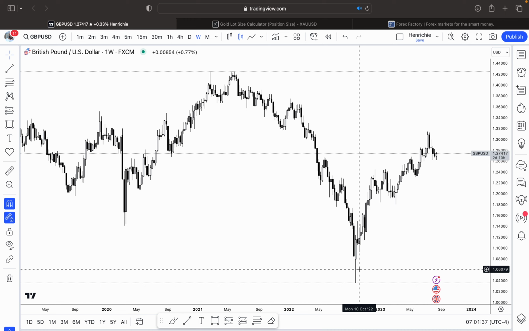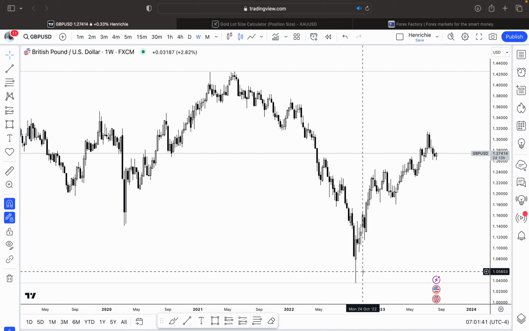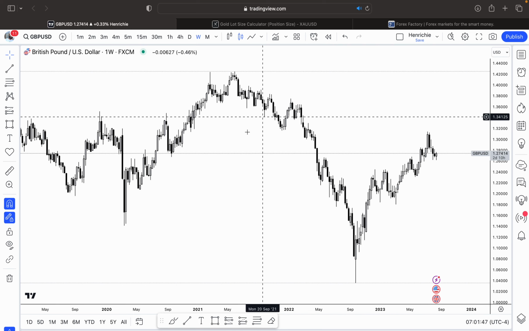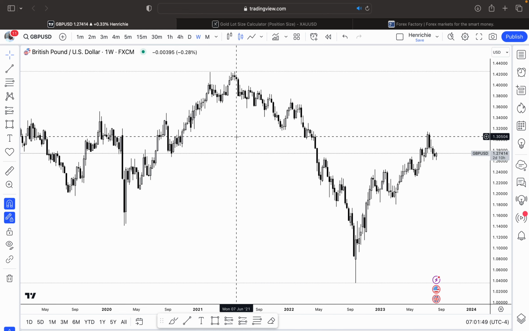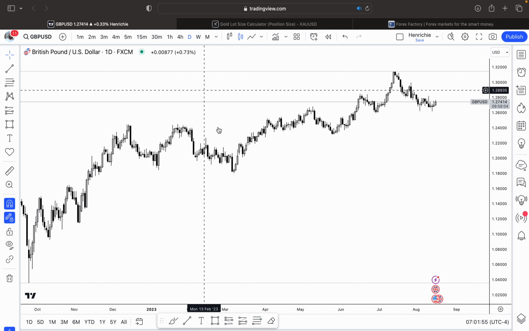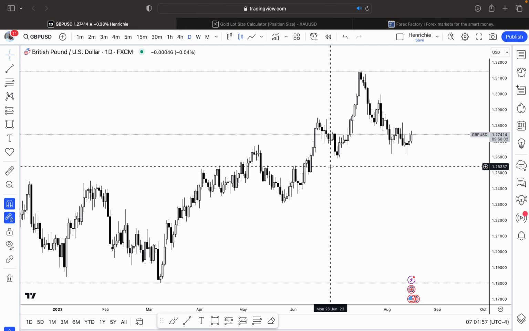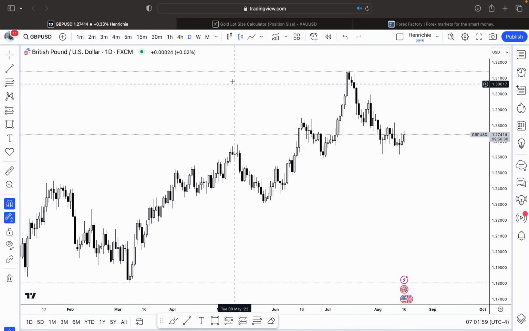So probably 17. The next one, 1 week, probably 24. The next one, 1 week. So every single candlestick in the 1 week chart is 1 week of price movement. Daily, the same thing, every single candle.